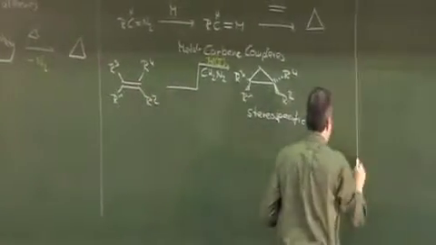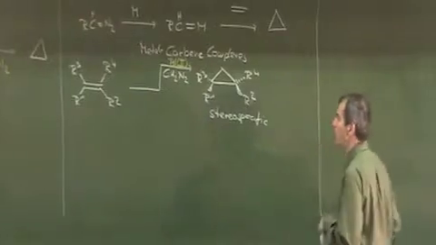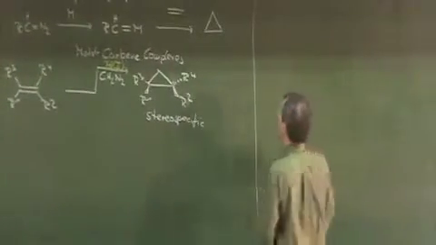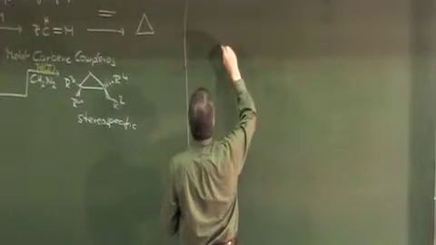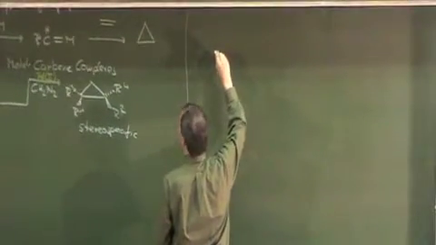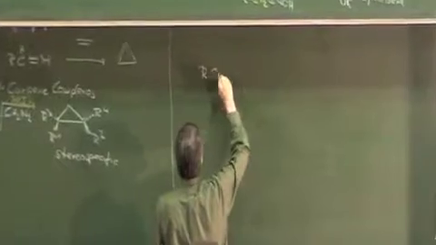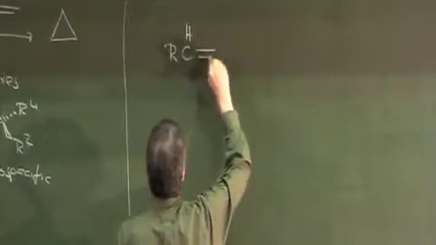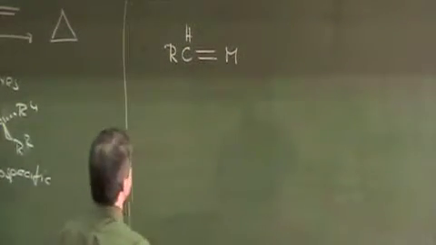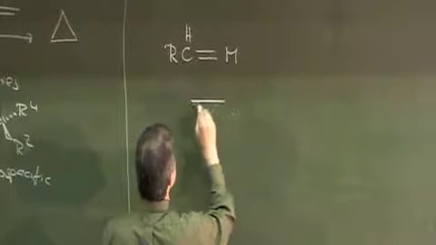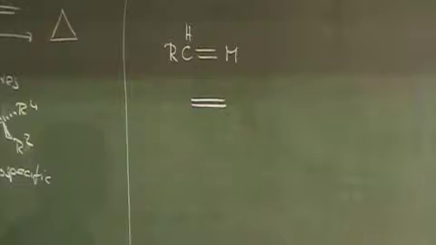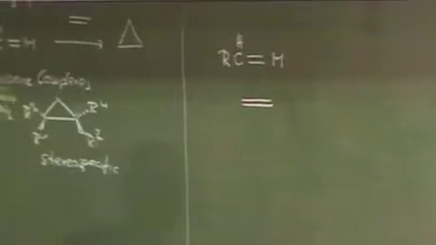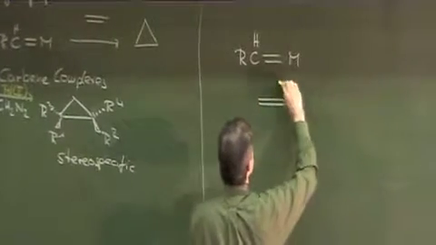We can propose, let me do this here, but leave some more room in your notes for putting 2 more reactions down here. If we want to formulate a mechanism between an alkene and such a metal carbene complex, we can actually use what we have done before already quite often.